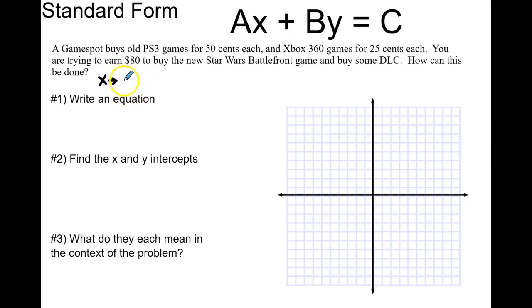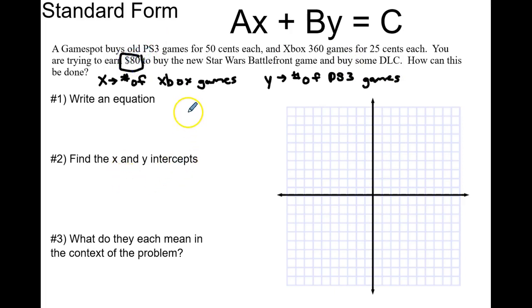Well, we want to know the number of Xbox games and the number of PS3 games. Those are the two things we need to know. We already know the total is 80. You could think of that as C. That's our total.